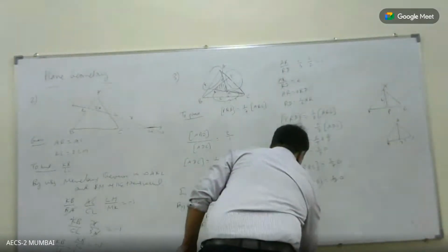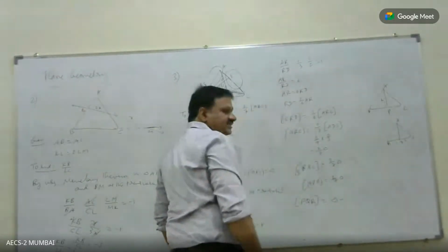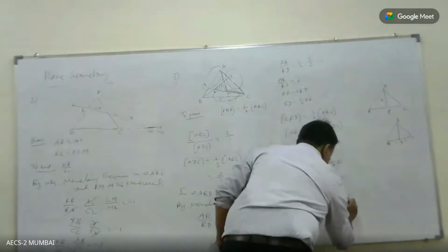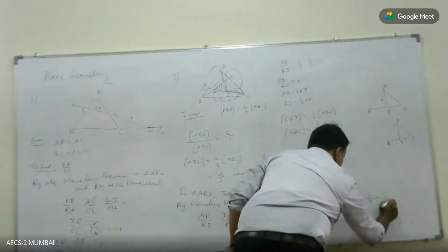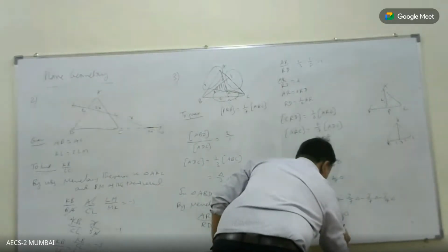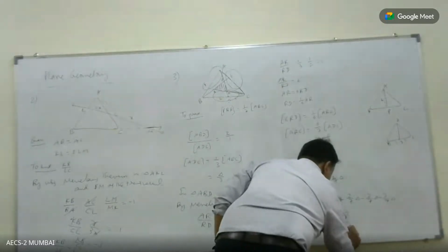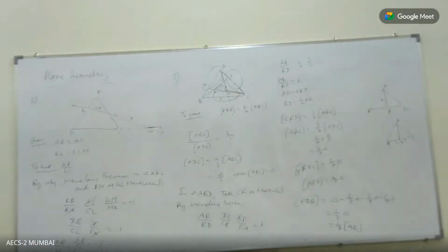So area of PQR equal to total area delta minus 2 by 7 delta minus 2 by 7 delta minus 2 by 7 delta, which is 1 by 7 ABC. That's what we do.